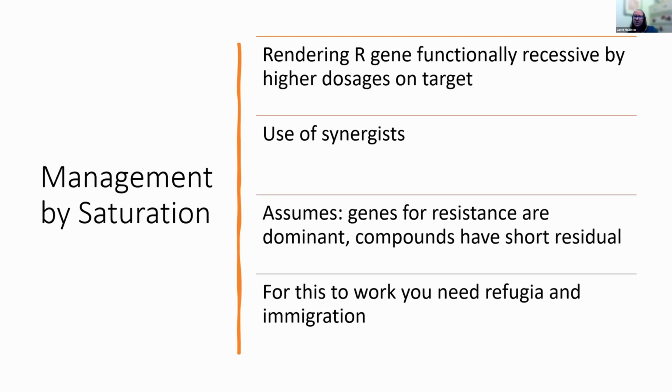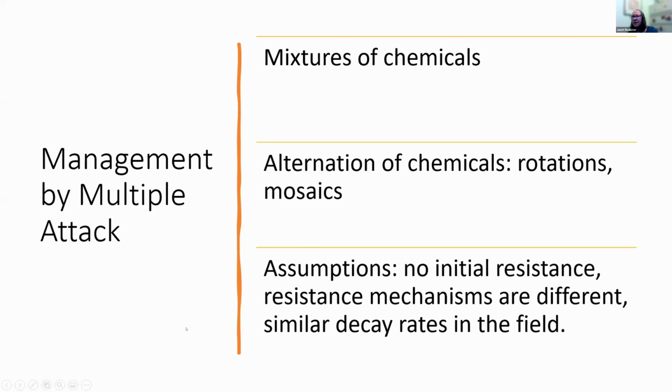And I mentioned, before I get too much further, I do want to mention that these management strategies are really strategies for new chemicals to prevent the development of insecticide resistance. Once you have it, these strategies are perhaps not so useful.